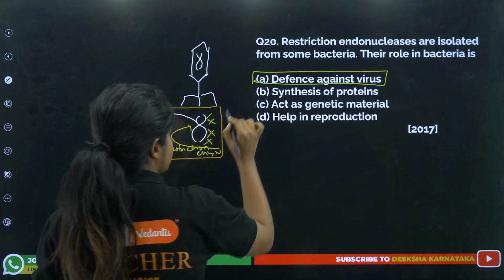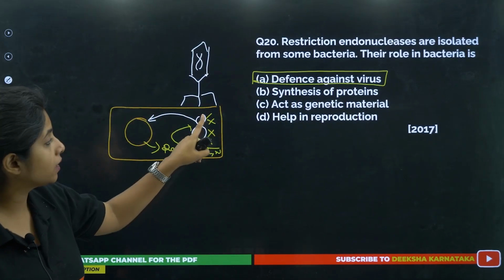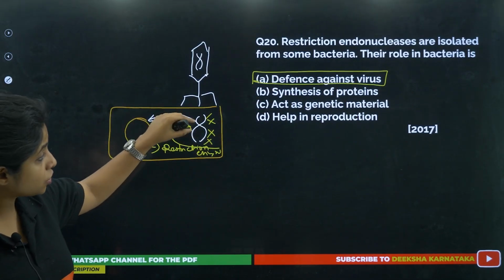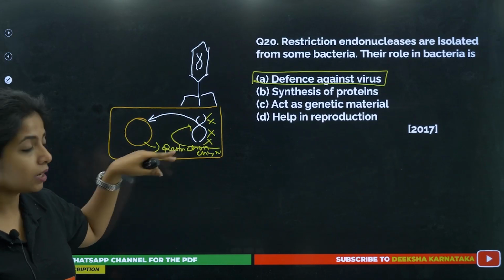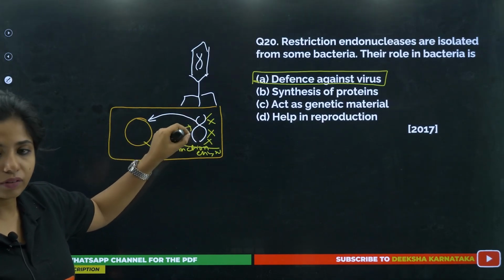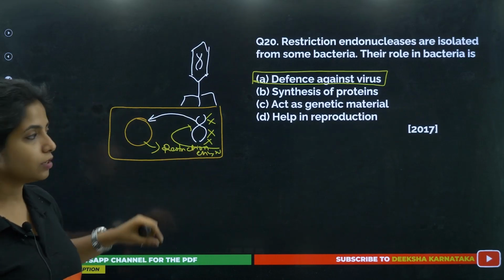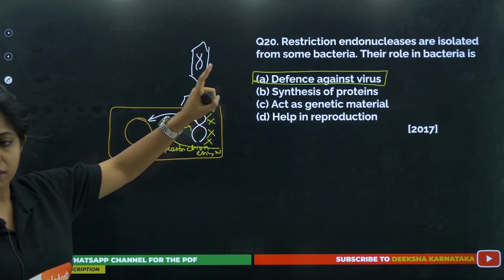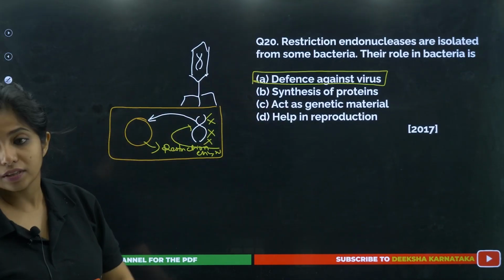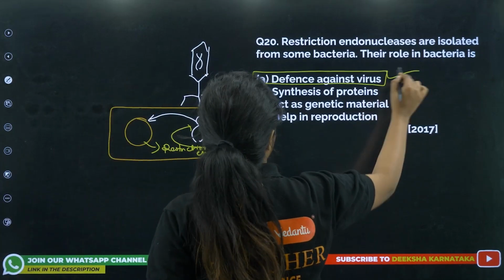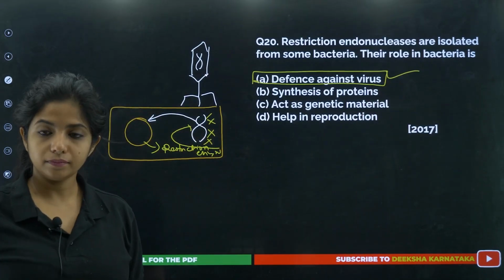They have their own restriction enzymes because it will be acting as a defense against viruses, such that if I'm a bacteria and I'm cutting the genetic material off, this cannot come in and get incorporated over here. Get it? So what becomes the answer? This becomes the answer. That is, it acts as a defense against virus. This is question number 20.